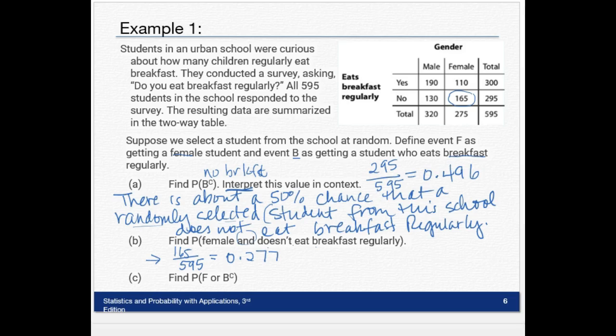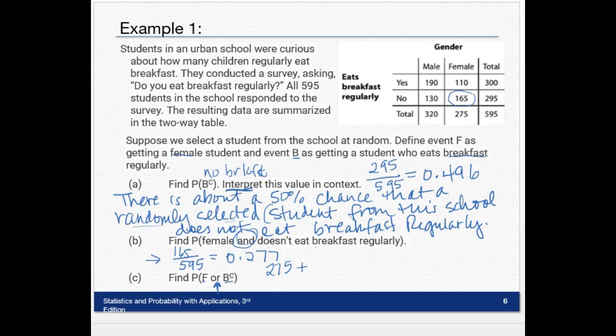Now, part C. Find the probability they're female or, see the and? That's the overlap. Or means they may not overlap. So I take the probability of female, probability that they don't eat breakfast, and then I subtract what overlaps, right? So the probability that they're female is going to be 275.